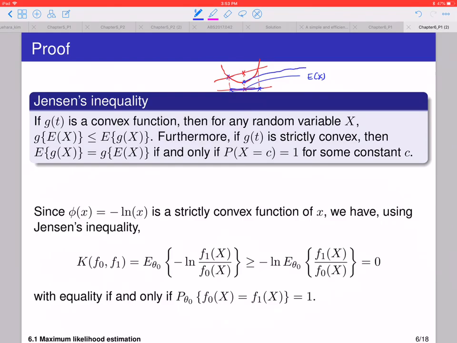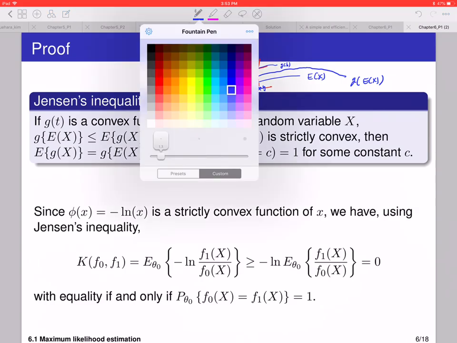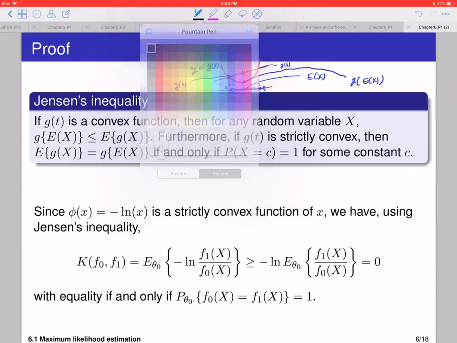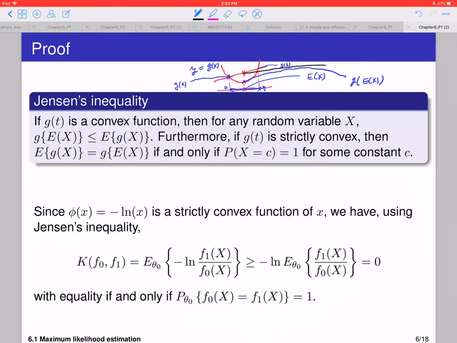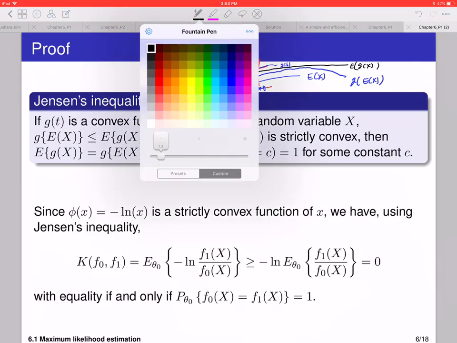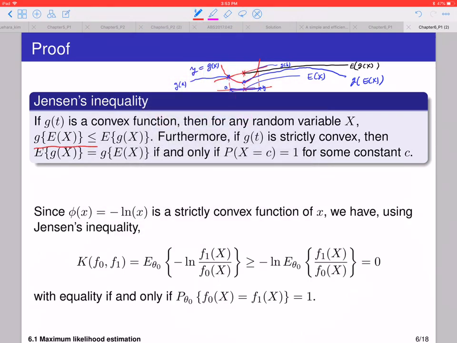The graph is y equals g(x). So this is g of a and g of b, and this guy is g of the expectation of x.